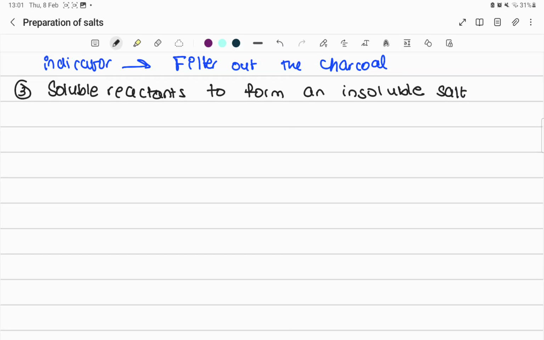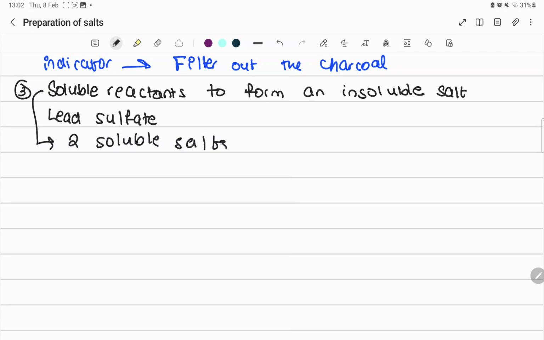Oh, and very important, when I say soluble reactants, what I mean is that you need two soluble salts, which will give you your insoluble product, your insoluble salt.